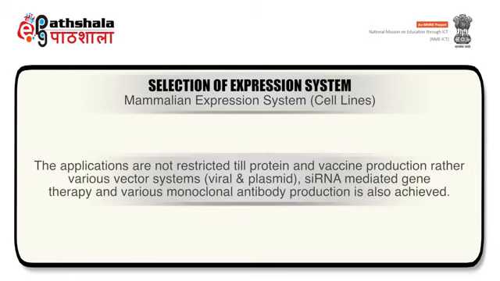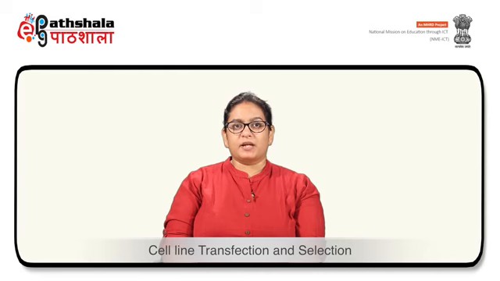The applications are not restricted till protein and vaccine production, rather various vector systems like viruses and plasmids, small interfering RNA mediated gene therapy and various monoclonal antibody productions can also be achieved. Critical factors involved in this process include cell line transfection and selection.